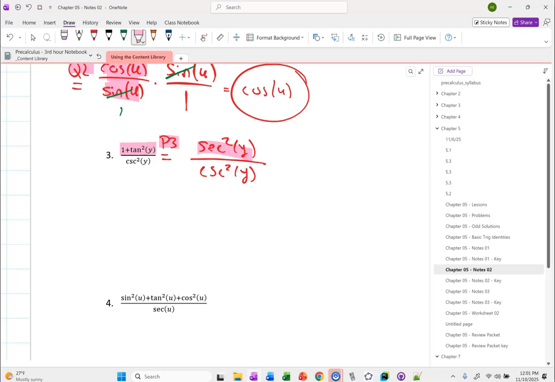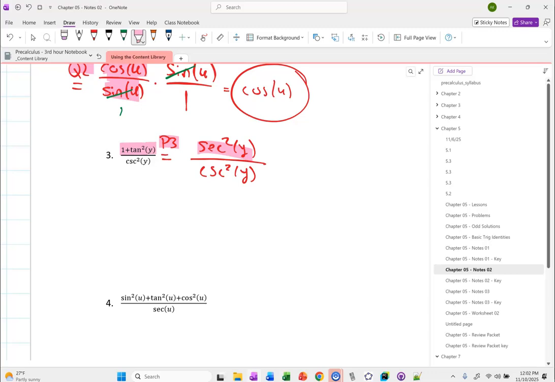Feel good so far? Okay. Still nothing algebraic to do. I still just have one thing. I can't reduce that fraction because they're different terms. So it's probably identity time again. Anybody see a good identity to use in this case? Dan. Quotient 1. Quotient 1, yes.